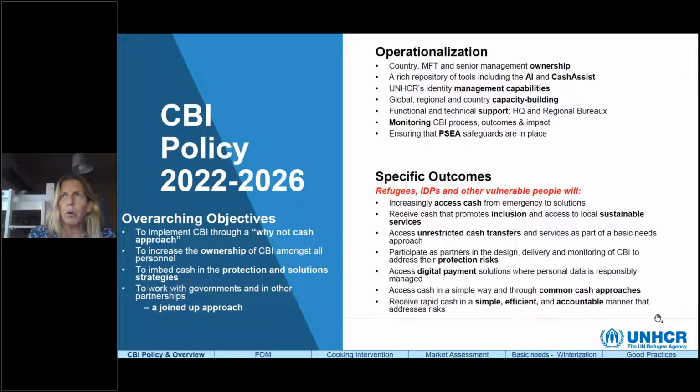So our new policy is quite strong on cash. It basically says UNHCR will implement a why not cash approach, which means that cash takes priority over in-kind. We know that because we know that beneficiaries and the people we serve prefer cash as a modality. We know that it is efficient, and we know that they know how to prioritize their own needs.